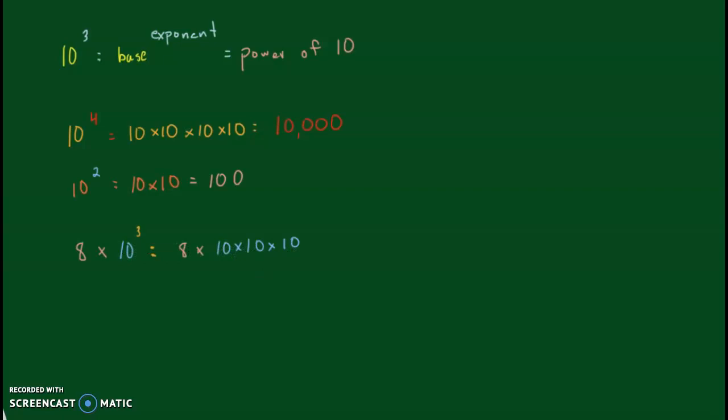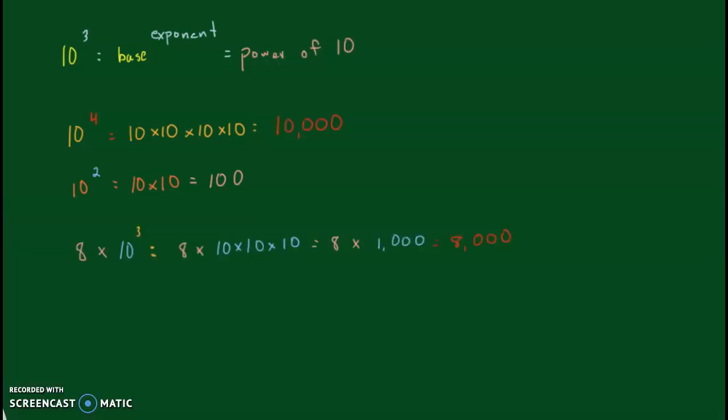And we can go on to make that equal to 8 times, and 10 times 10 is 100, times 10 is 1,000. So this would be 8 times 1,000, which would give us an answer of 8,000.